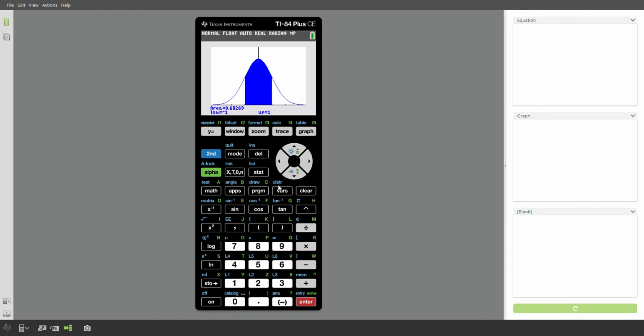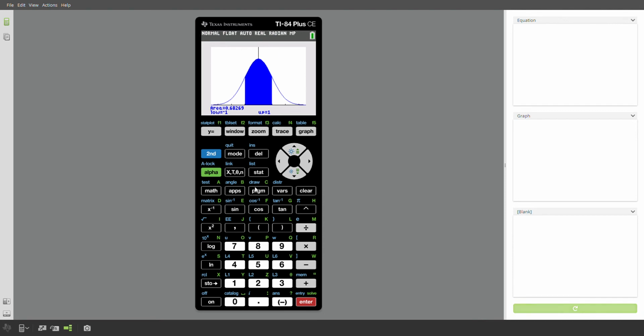Now here's an important thing. If you are going to use this, the calculator do this, and you do want to have it draw like that, this picture that's drawn here is going to stay there even after you quit back to the main screen. So if you want to do a different problem, you need to clear this off before you do anything else.